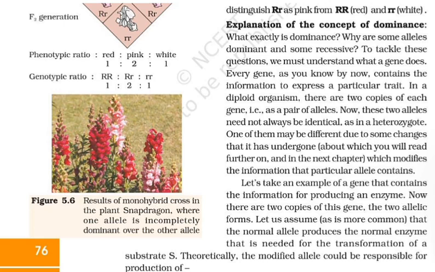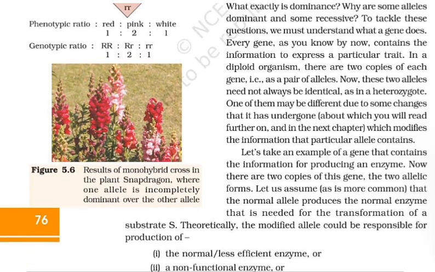One of them may be different due to some changes that it has undergone, about which you will read further on and in the next chapter, which modifies the information that the particular allele contains.